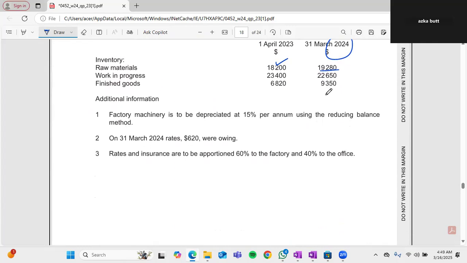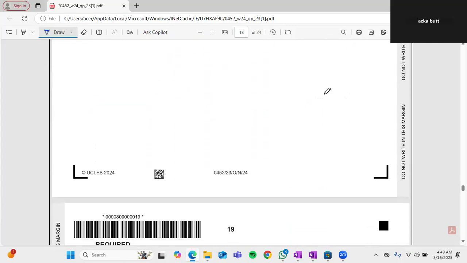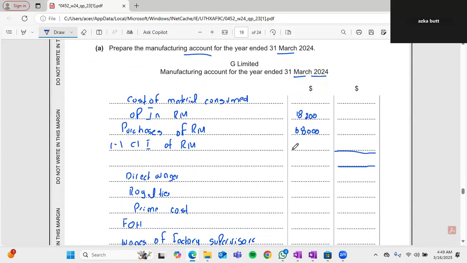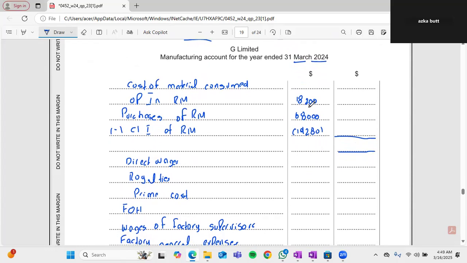So closing inventory is 19,280. If you add the opening material and purchases of material and deduct the closing inventory of material, you will get the answer. And this is 66,920.